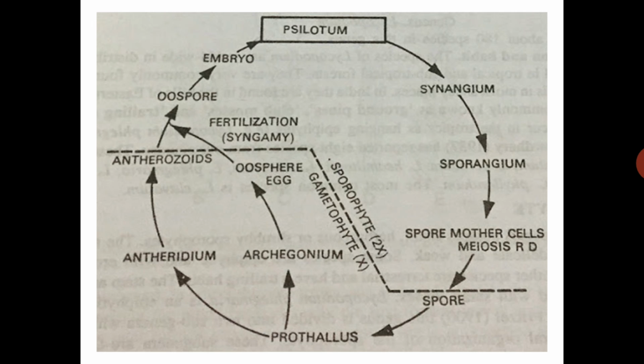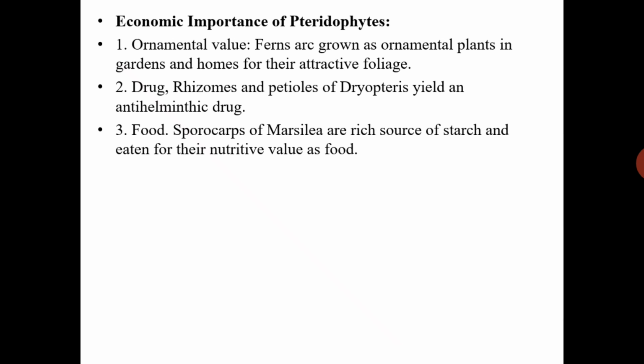So next comes the economic importance of pteridophytes overall. First, ornamental value. It is ornamental, nothing but decorative. Ferns are grown as ornamental plants in gardens and homes for their attractive foliage. For attraction or decoration, the ferns are cultivated.